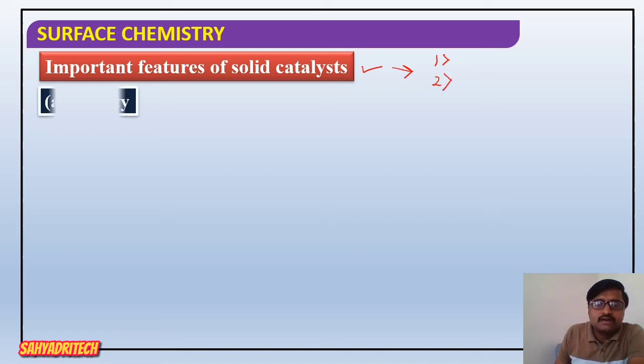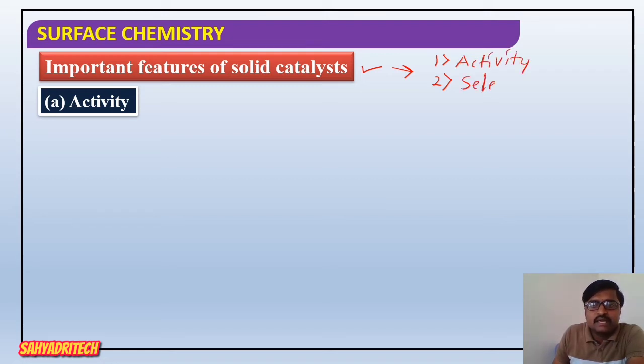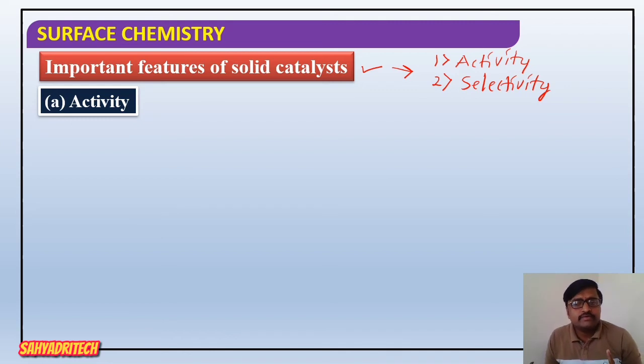First one is activity of a catalyst, and second one selectivity. All solid catalysts are going to have two important features. What are those? Activity and selectivity. Well, we try to understand these two terms. What is the meaning of activity of a catalyst and selectivity of a catalyst?